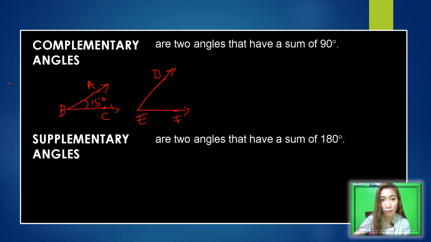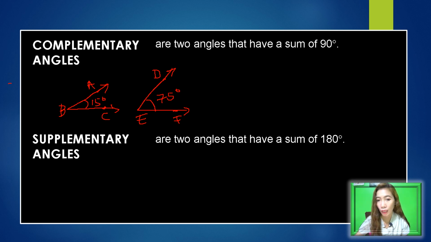For them to be complementary angles, they should add up to 90. So this other angle should be 75. You can see 75 plus 15 equals 90 degrees.